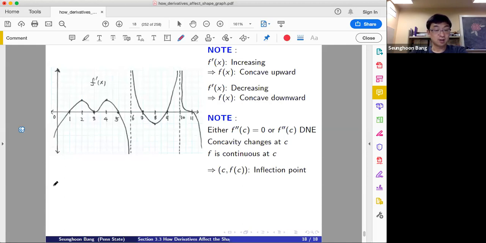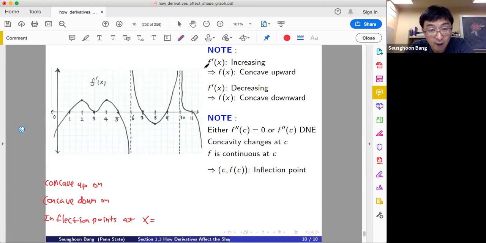So we can check here, concave up. Find the interval, concave down. Next one, inflection points. How can you find concave up and down?